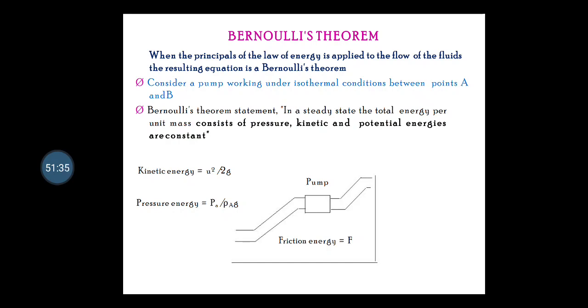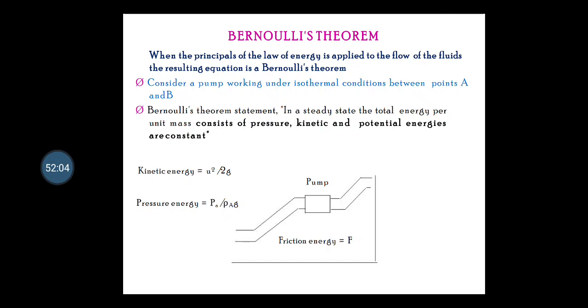So Bernoulli's theorem statement is, in a steady state the total energy per unit mass, which consists of pressure, kinetic and potential energy, is constant. So kinetic energy is equal to u square divided by 2g, and pressure energy is measured in terms of PA divided by rho A into g.